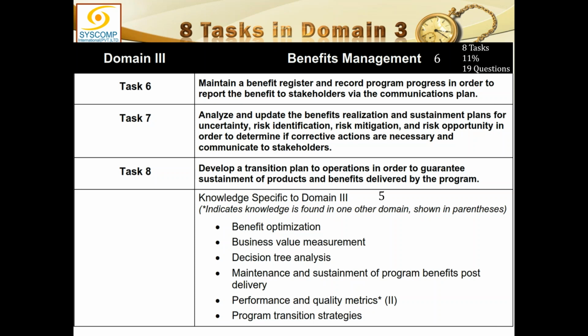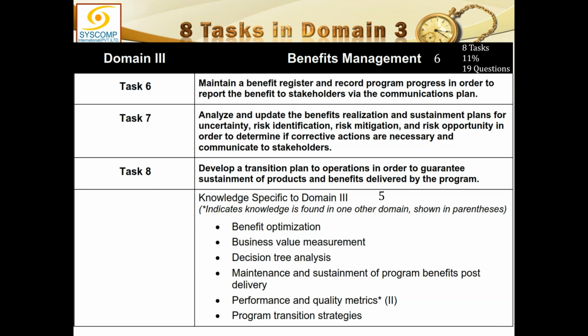Task number 7, analyze and update the benefit realization and sustainment plans for uncertainty, risk identification, risk mitigation, and risk opportunity in order to determine if corrective actions are necessary and communicate to stakeholders. So now we are trying to find the risks in the benefit realization and the sustainment plan.